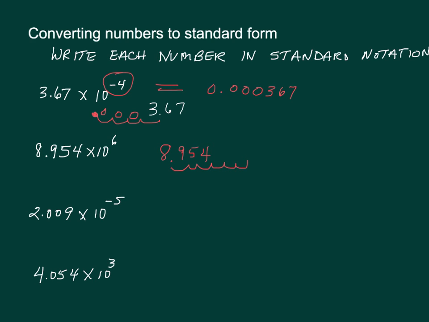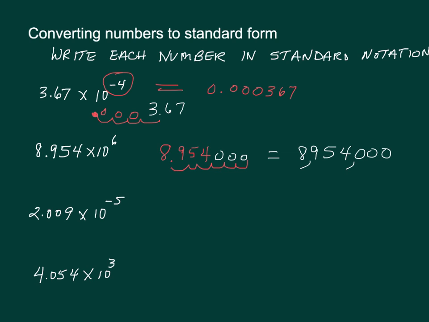And then I insert the zeros to make up for those bumps. So that leaves me with 8,954,000.